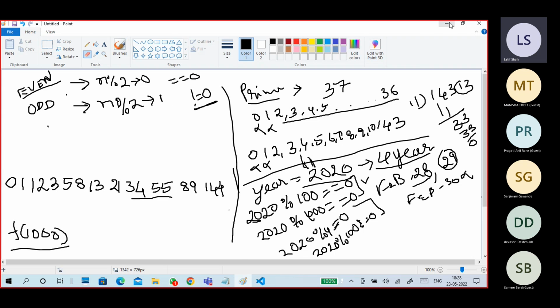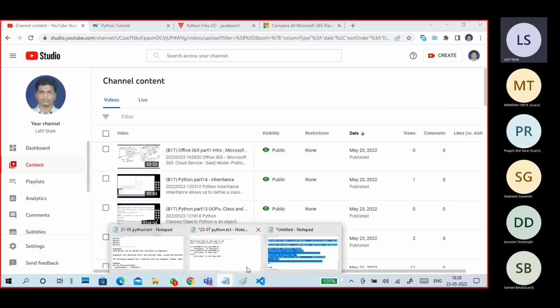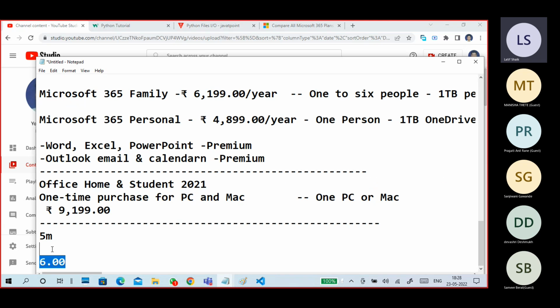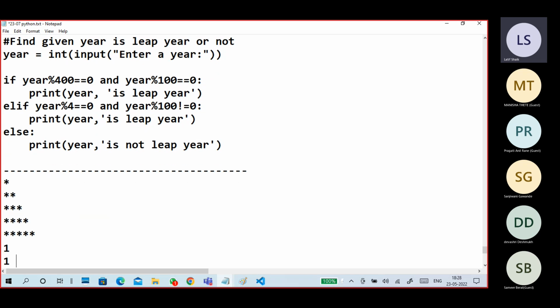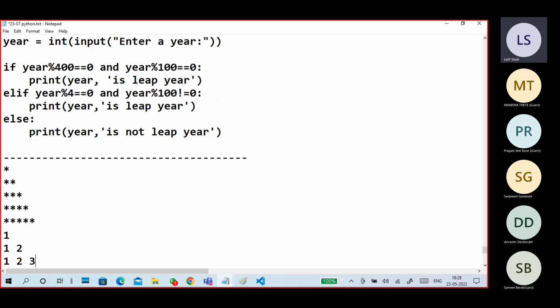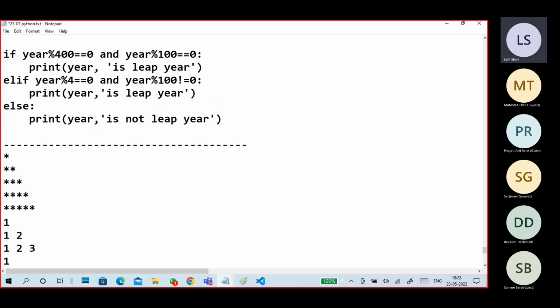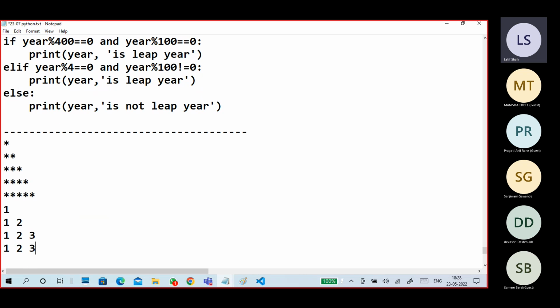Okay, even displaying numbers also, some questions will be there in interviews, like when you are attending for a programming kind of job, a display like this: 1 star, 2 star, 3 star, 4 star, 5 star. Or like this: 1 2, 1 2 3, 1 2 3 4, 1 2 3 4 5.